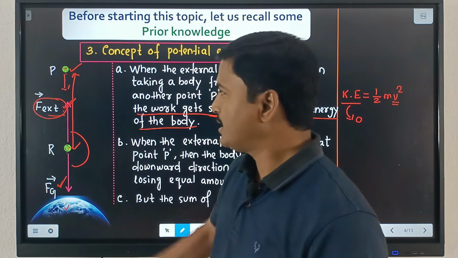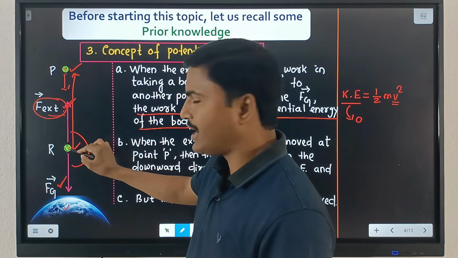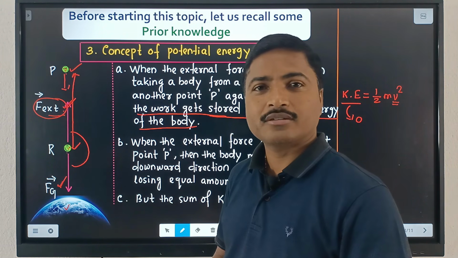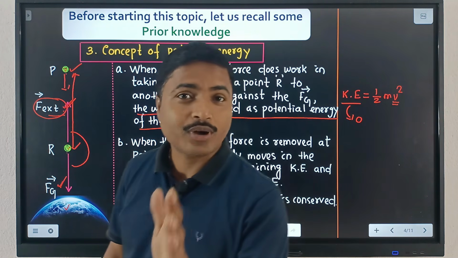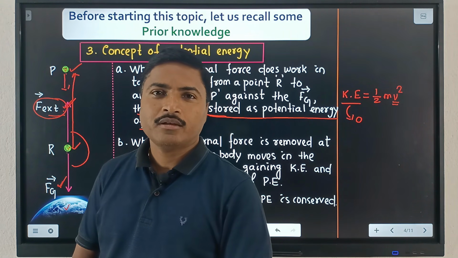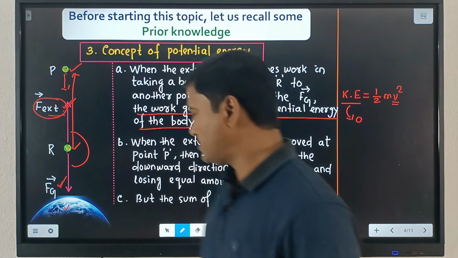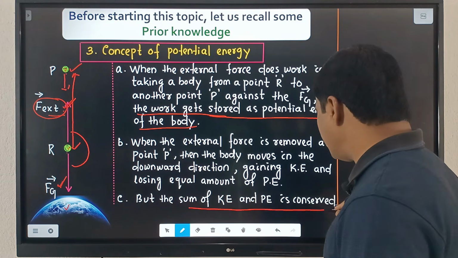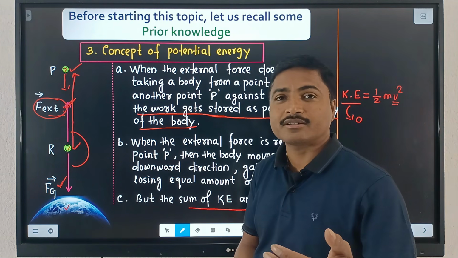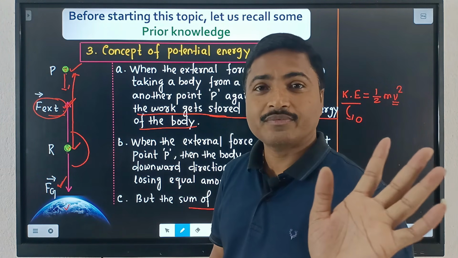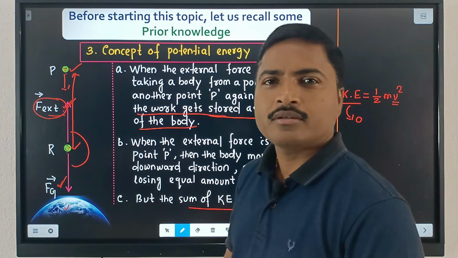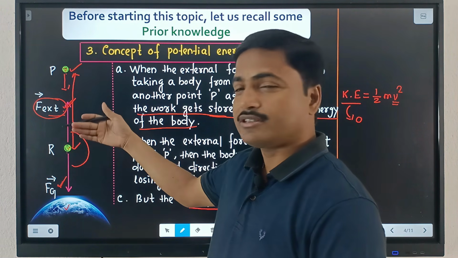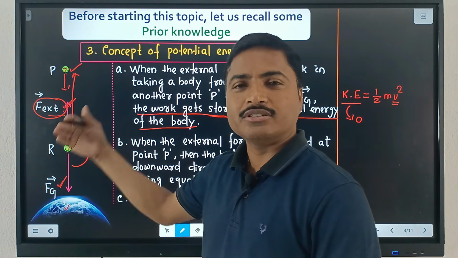That means if the body moves from P to R, towards the surface of Earth, some potential energy is converted into kinetic energy. But always the sum of kinetic energy and potential energy remains constant. You know the conservation of energy in class 11. And in this case, this is known as the gravitational potential energy.